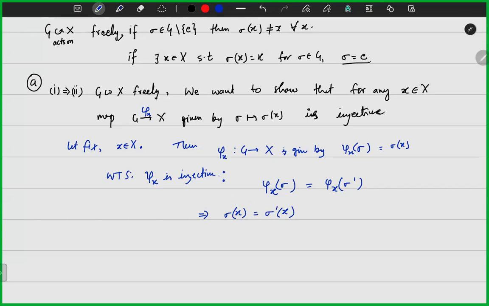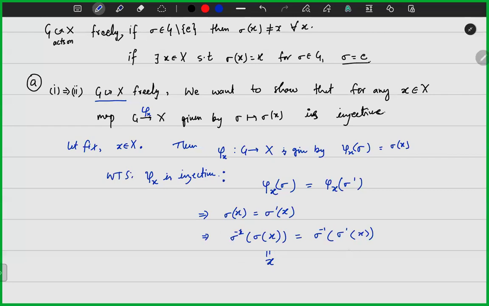If you act by sigma inverse on both sides, sigma inverse applied to sigma of x is sigma inverse sigma prime of x.